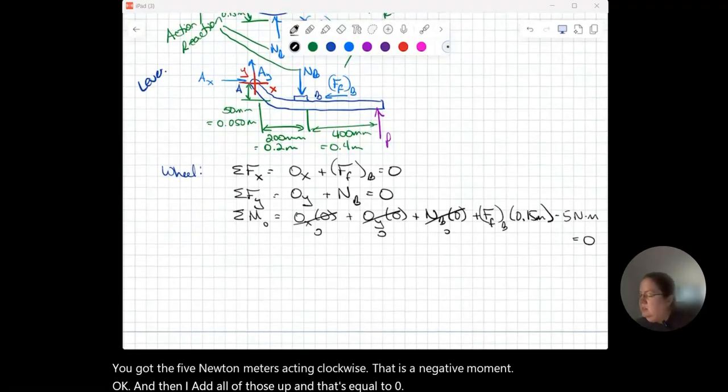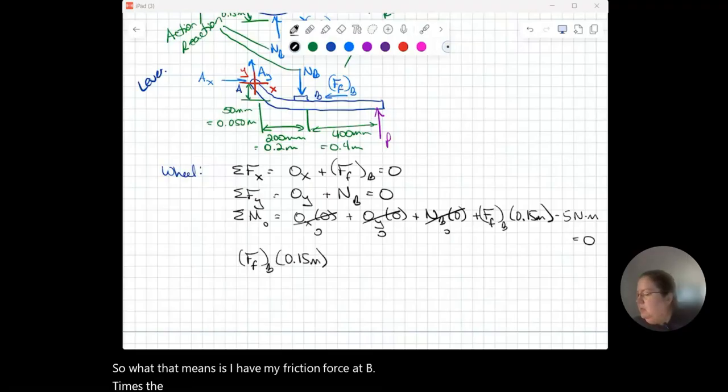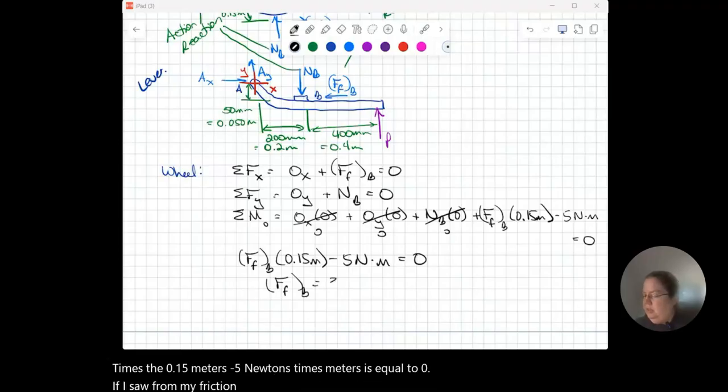So what that means is I have my friction force at B times the 0.15 meters minus 5 newtons times meters is equal to 0. If I solve for my friction force at B, I should get 33.333 repeating newtons.